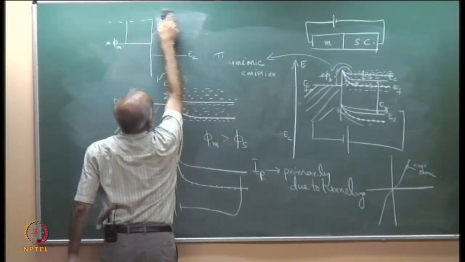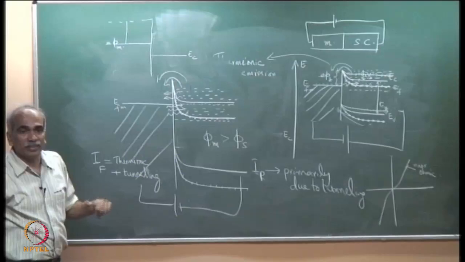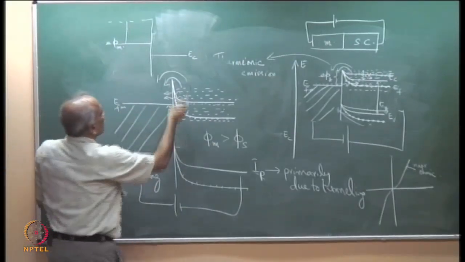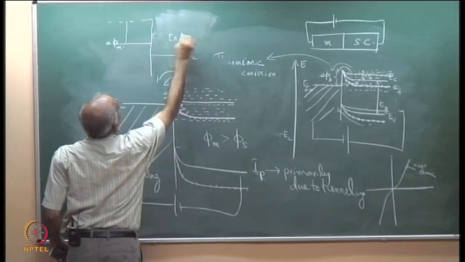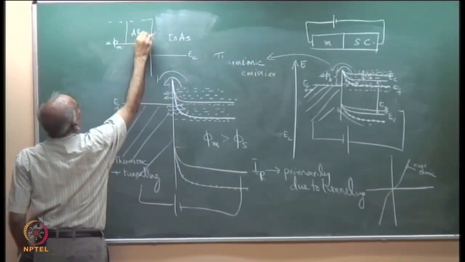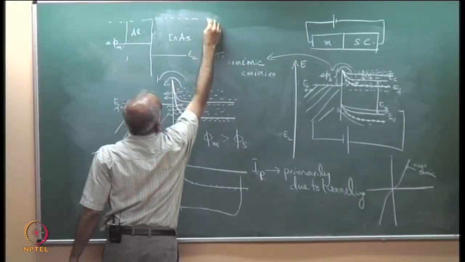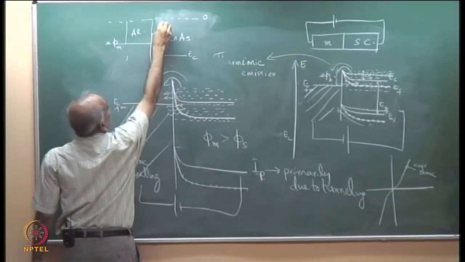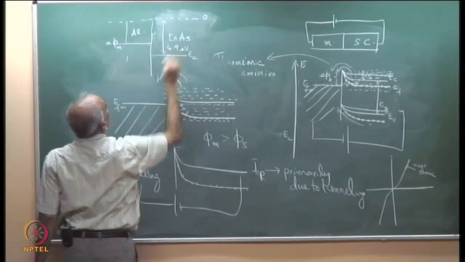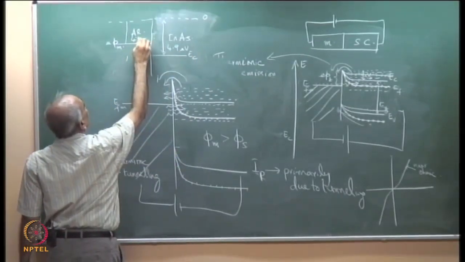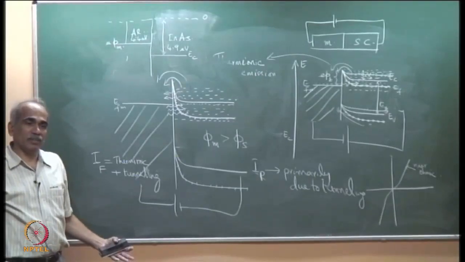This will be a very interesting problem to see. What type of junction will you get? If you have EC of indium arsenide here and aluminum here, this difference is 4.4 electron volts, and this is the vacuum level 0. So, this difference is 4.9 eV. What do you think it will be?